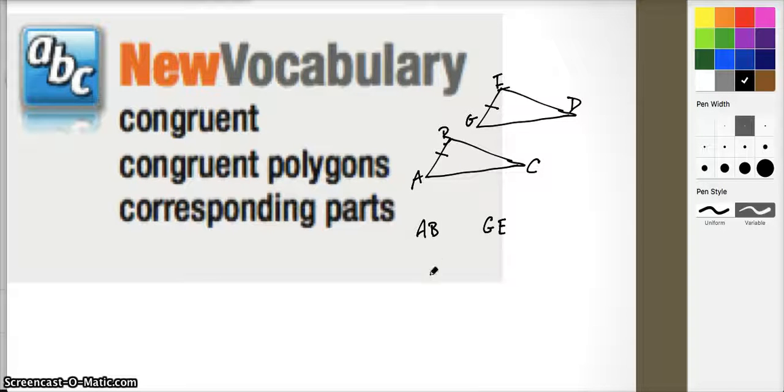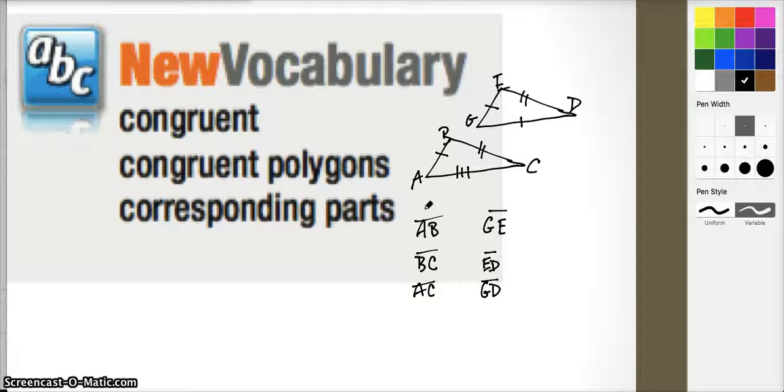So they're corresponding parts. And BC, this side here, corresponds to segment ED, right? Let me put the little segment notation there. And then finally segment AC corresponds to segment GD.